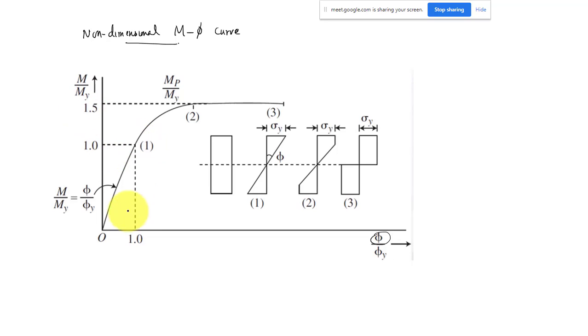So it is also becoming 1. This indicates the elastic region, then elastoplastic, and then plastic. Okay, so this is phi equal to infinity. So it is the same moment curvature graph, in non-dimensional form.